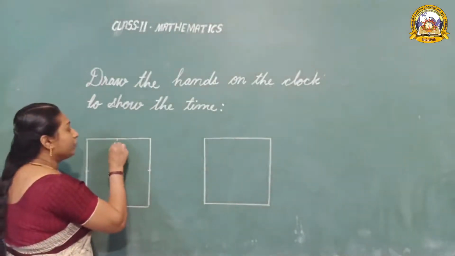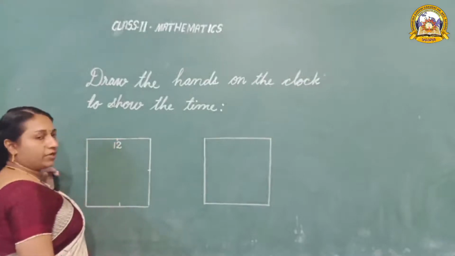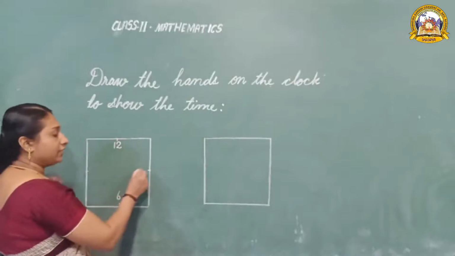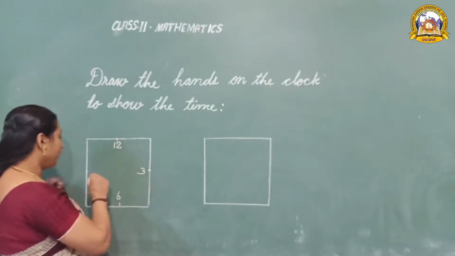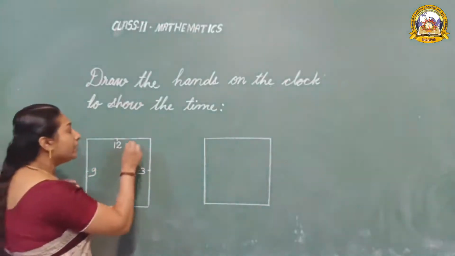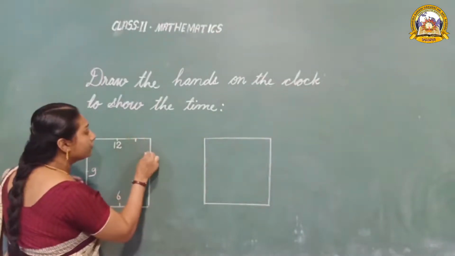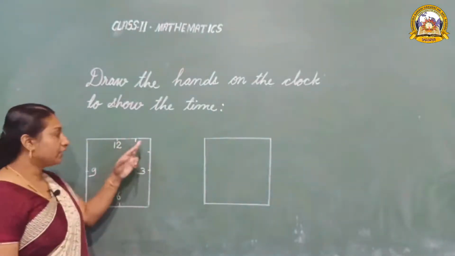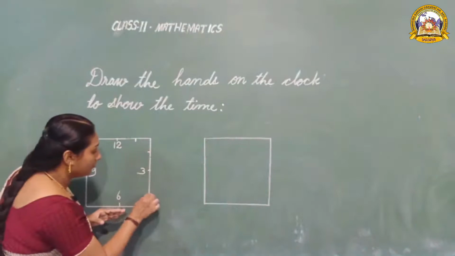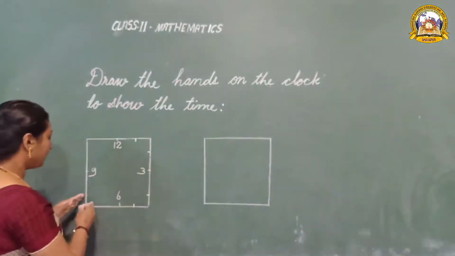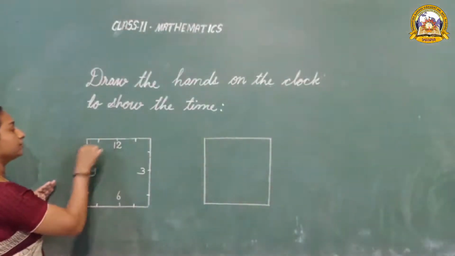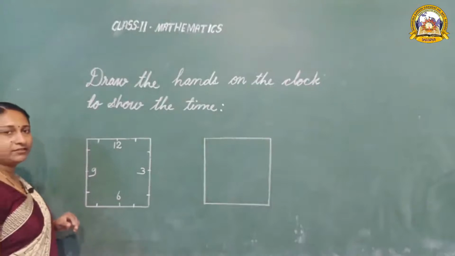First, we should give the number 12 here. Then the opposite 6. Then here we can give 3 and here 9. Next step, let us give 1 points here and here. Same thing, 1, 2. Let us divide this portion and here. Did you get it?